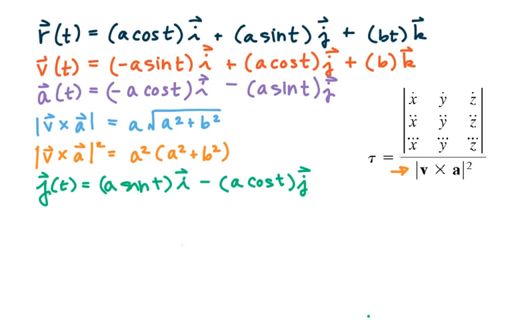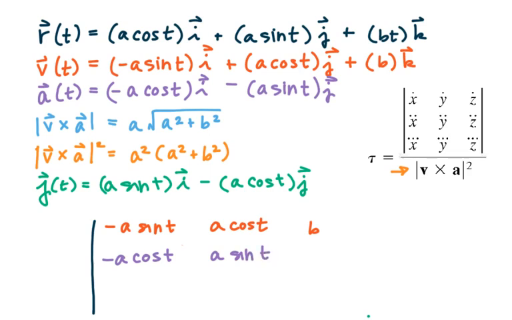All right, so setting this up, tau, I'm going to find that numerator first. Let's just find that determinant. So I'm going to have negative A sine of t, A times cosine of t, and B. Then I have negative A cosine t, A sine of t, 0, and A sine of t, negative A cosine t, 0.